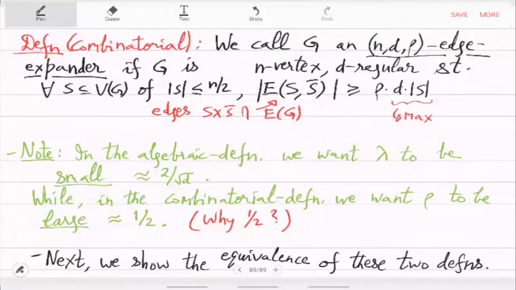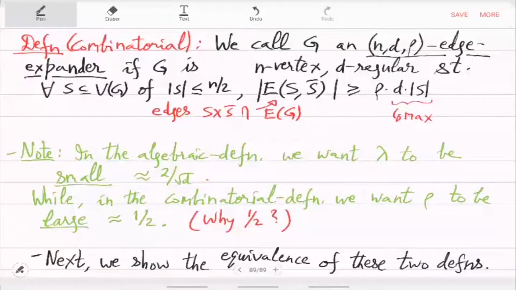This is not at all clear, although intuitively we have some feeling. So the combinatorial one is the natural meaning of well connectedness, and the algebraic one comes from lemma 1, because lemma 1 says that the convergence of the random walk will be rapid if lambda is small. But what is the quantitative relationship between that lambda parameter and this rho parameter?